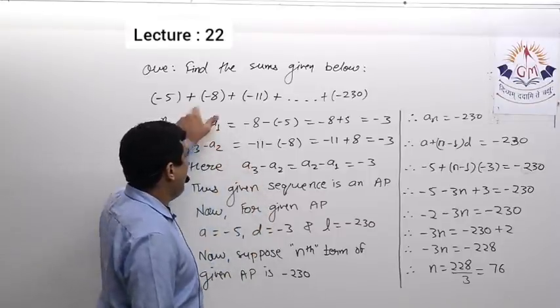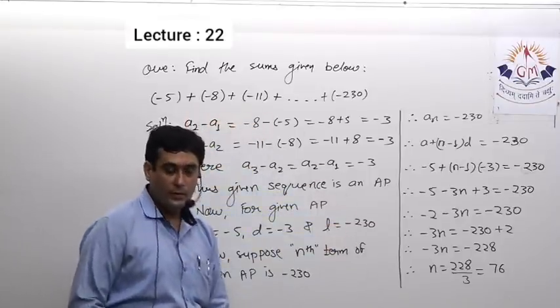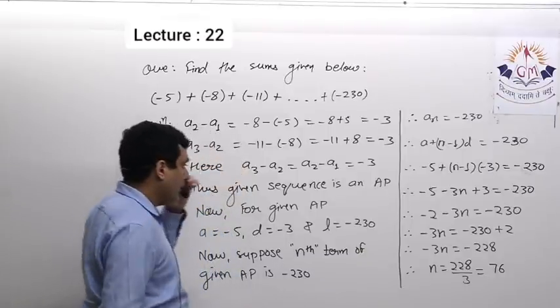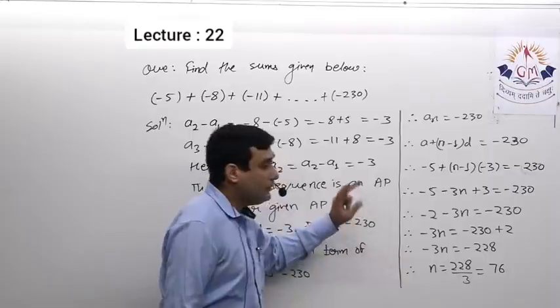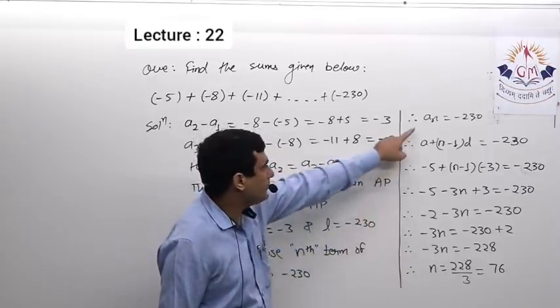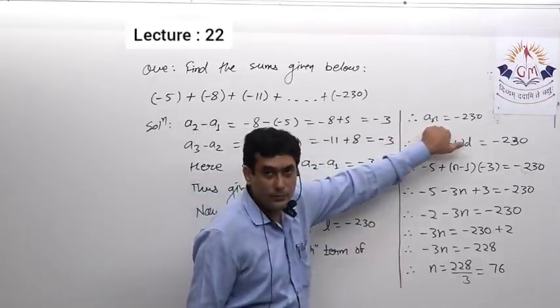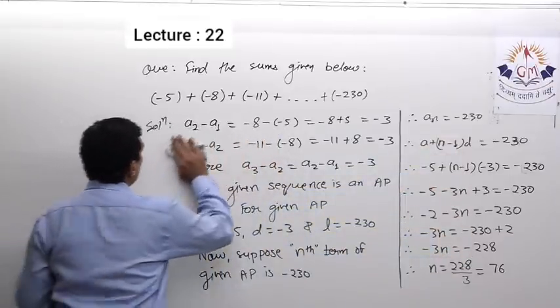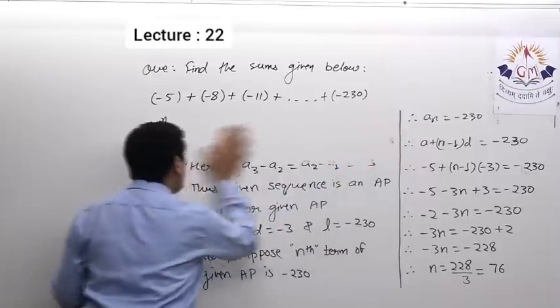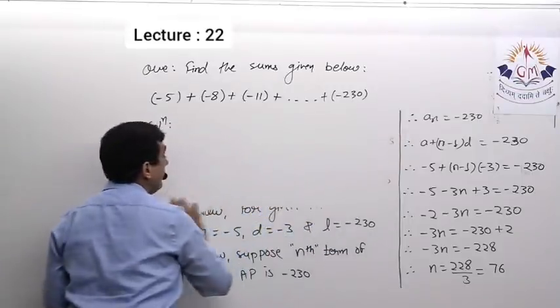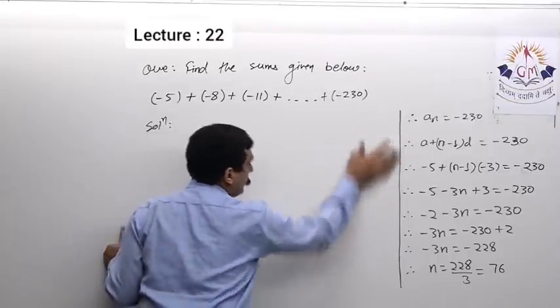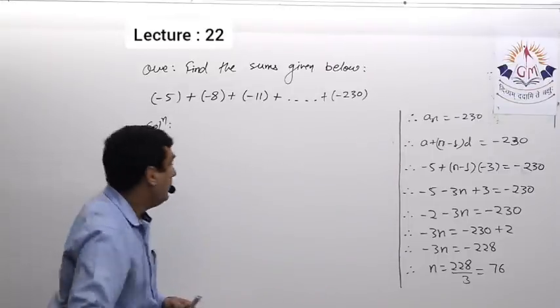That means we have A, we have D, as well as we have the number of terms. And one thing more over here, this is the first question in which we use both the formulas. That means first we have to use the nth term formula to get the n, and now we'll use the formula to find the sum. Also here we have to use one concept in which we have to show that the sequence is an AP.